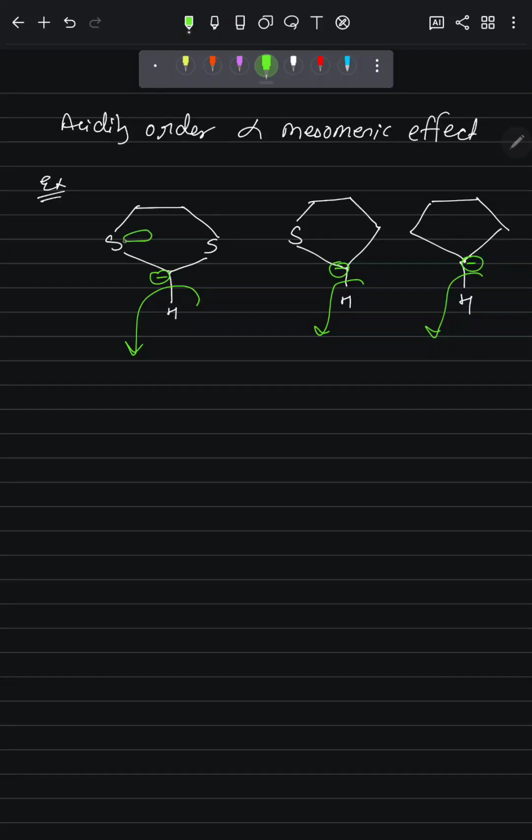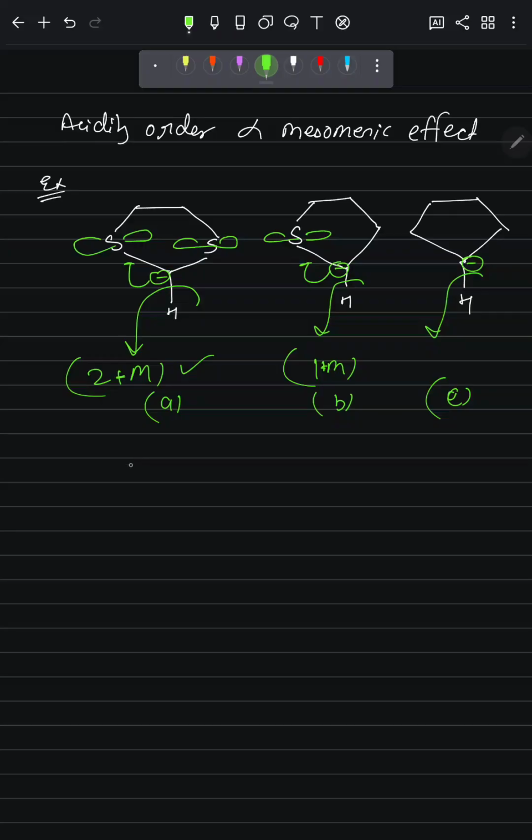Due to the presence of an empty d orbital, this negative charge is more stable here. But here 2 mesomeric effects are present and here 1 mesomeric effect is present, and here nothing is present for the stability. So if these are A, B and C, then the stability order of acidity will be A, B and C.